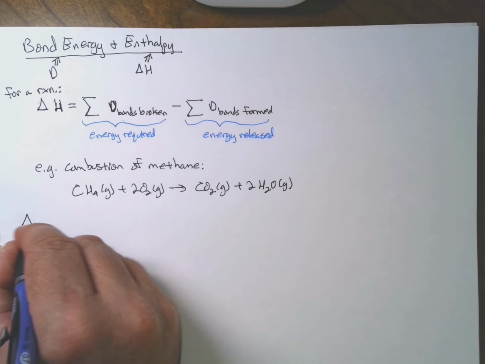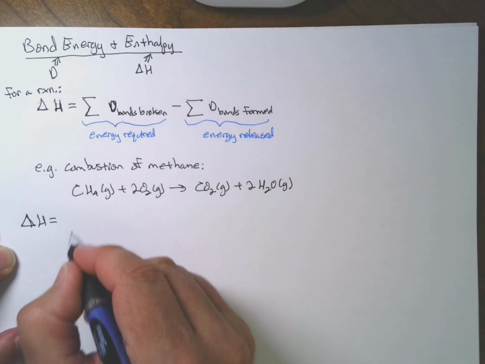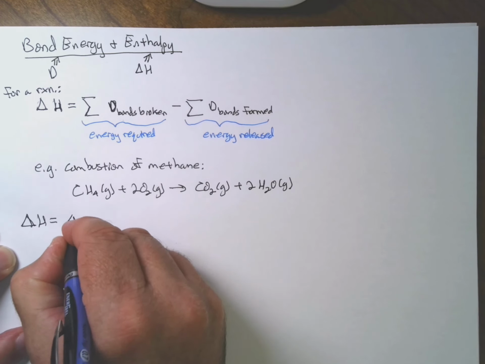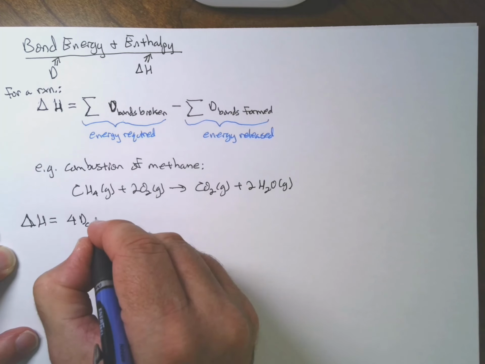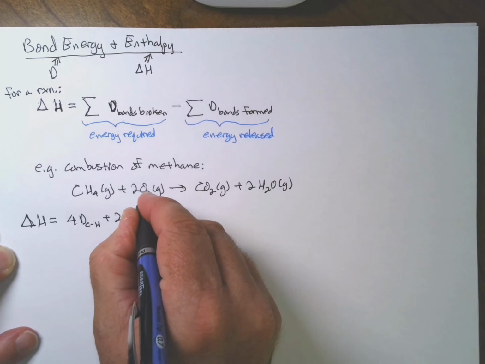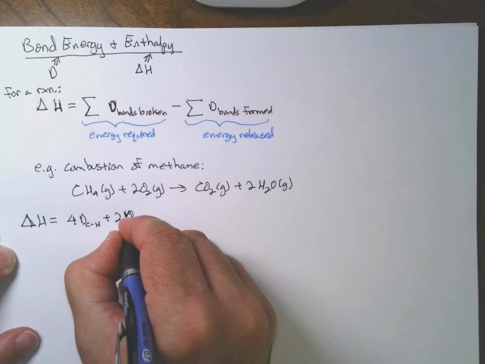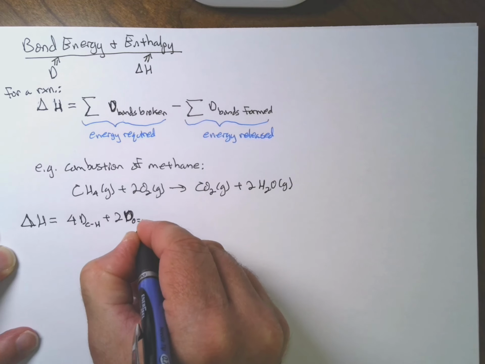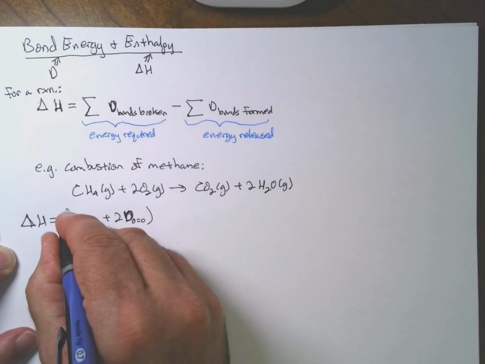So our delta H is going to equal, well, we have 4 CH bonds that are broken, so 4 times D(C-H), plus 2 oxygen-oxygen bonds, so 2 times D(O=O).